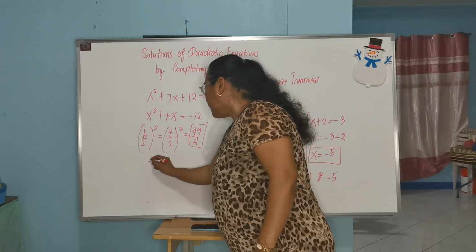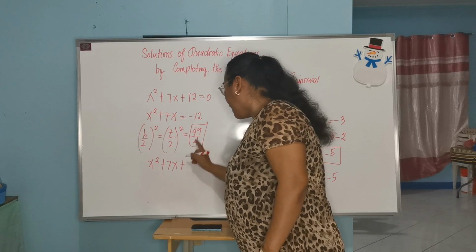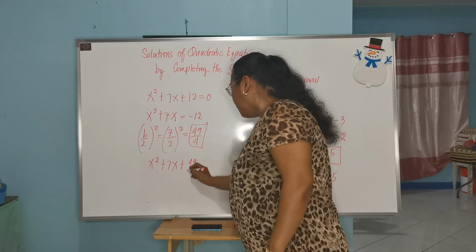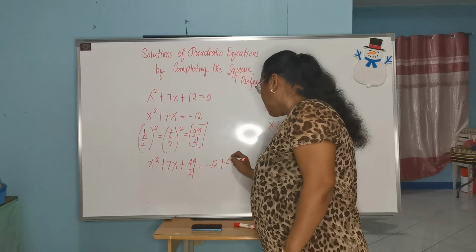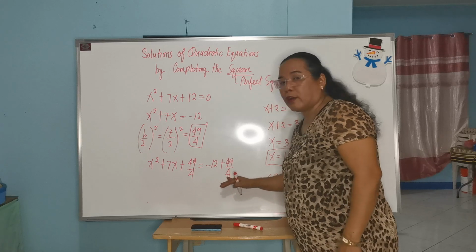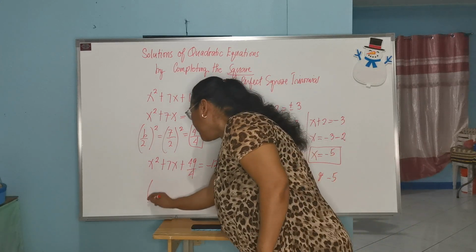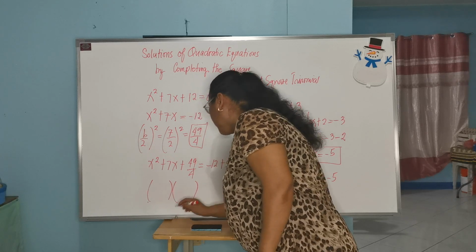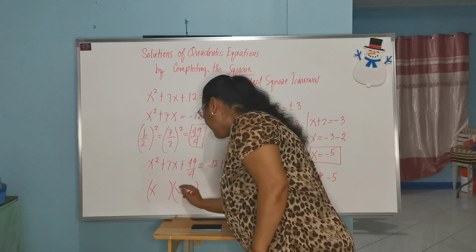So we have x squared plus 7x plus 49 over 4 is equal to negative 12 plus 49 over 4. Then we need to factor the left side of the equation. So factors of x squared would be x and x.